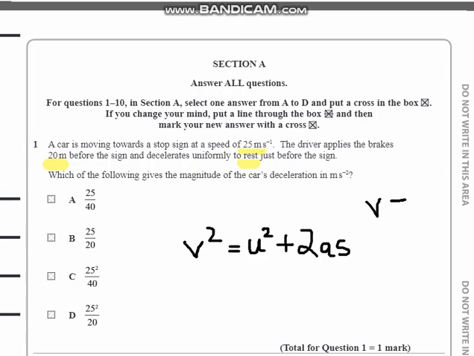So v equal to 0. So the final speed is 0 meter per second, and our initial speed is, they say the car is moving toward a stop sign at a speed of 25, and that's our u. So our u value is 25 meter per second.